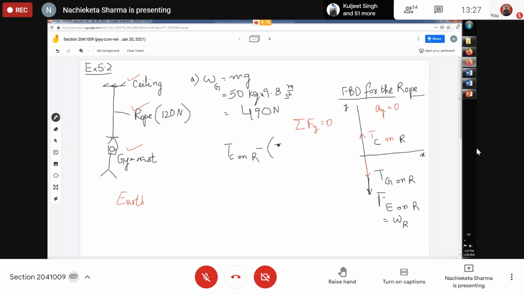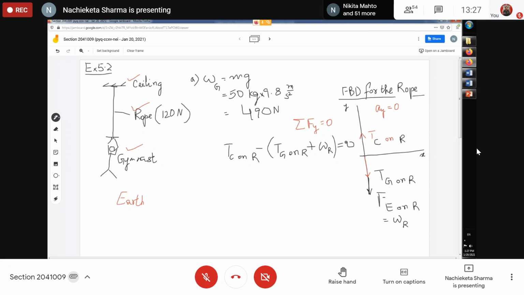One is T_G on R, plus W_R, the weight of the rope, and that is equal to 0.